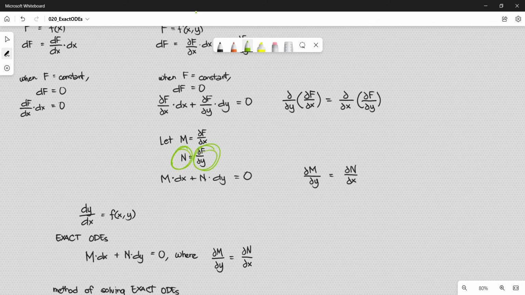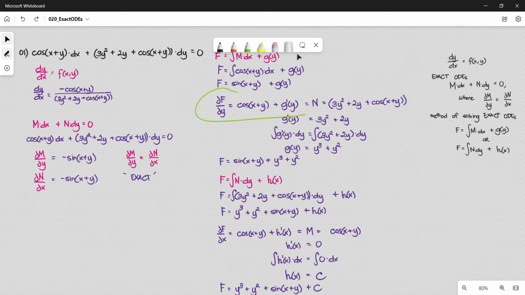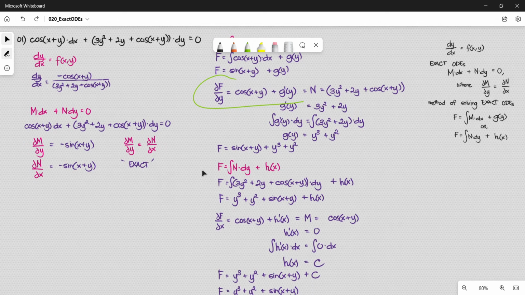Equal yun sa n. And yung n natin dito is ito. So, equal siya dito.